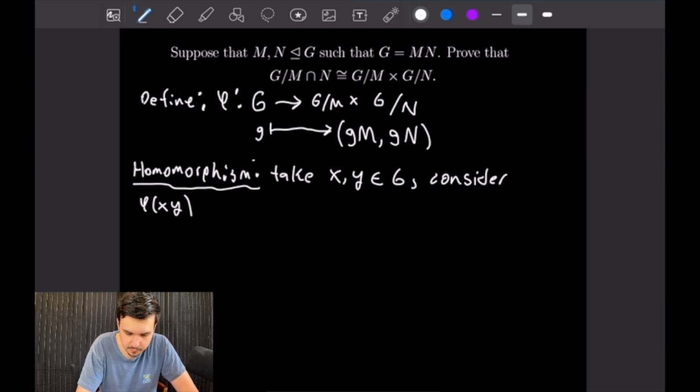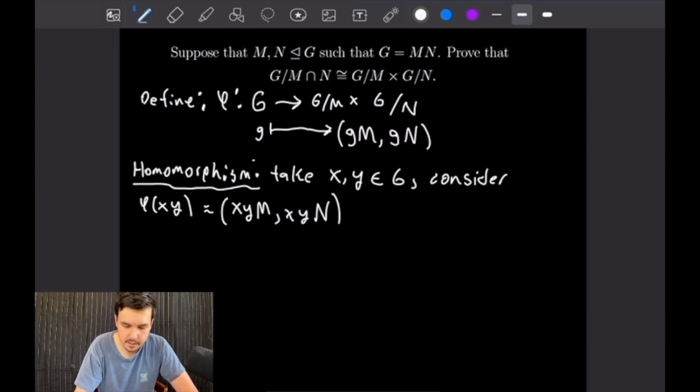So phi of xy, just applying our definition of phi, is going to be equal to the ordered pair xyM and xyN. But we can rewrite that using our definitions for cosets. That will be equal to xM times yM, and similarly, we will have xN times yN.